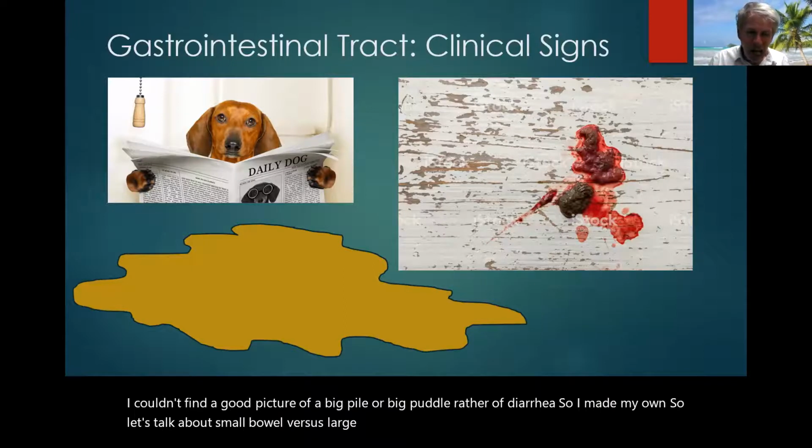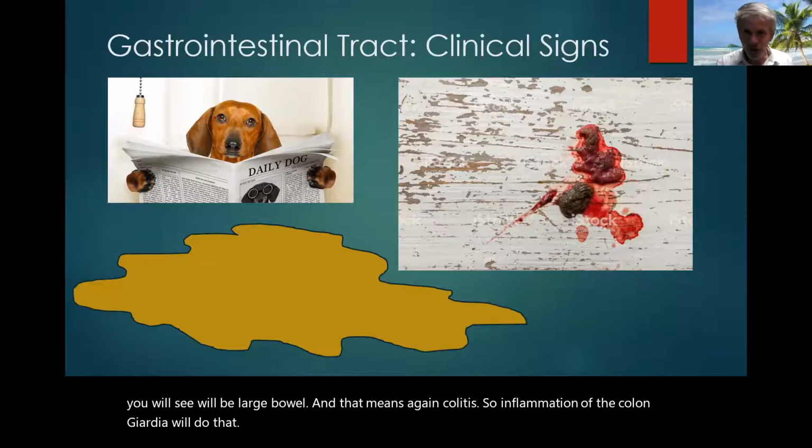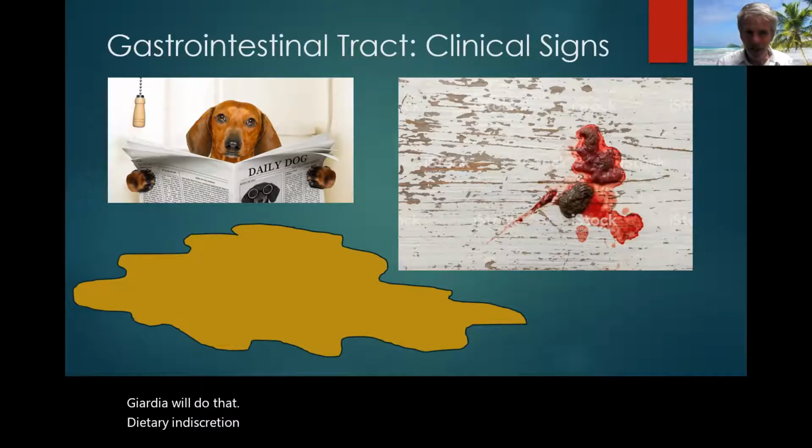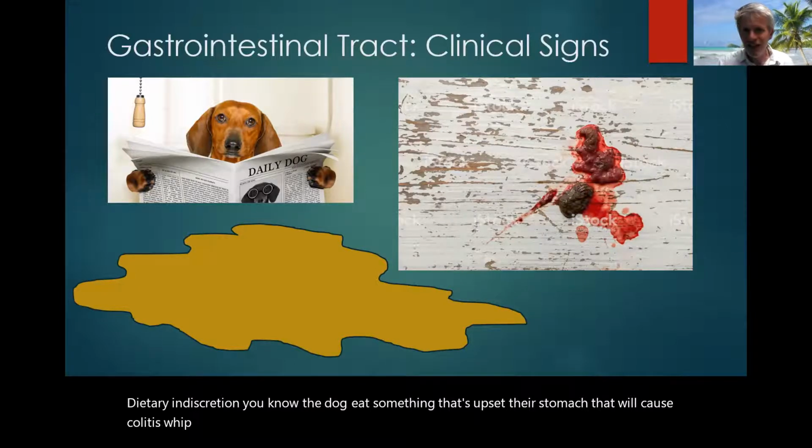The most common kind of diarrhea you will see will be large bowel, and that means, again, colitis, so inflammation of the colon. Giardia will do that. Dietary indiscretion, where the dog eats something that's upset their stomach, will cause colitis. Whipworms will cause colitis. And so we get mucus and frank blood, also called hematochezia.